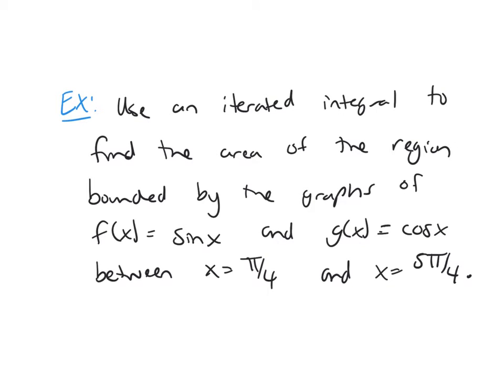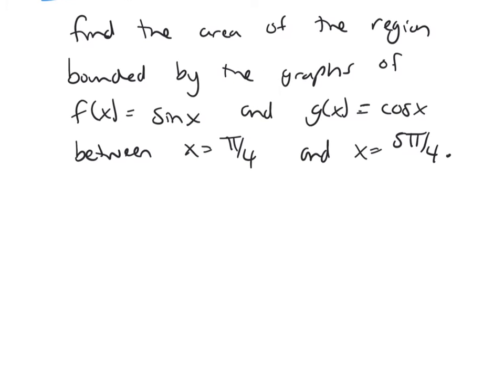Well, really, to set up this integral, we need to have a picture of the region in order to know how to set it up. So the first thing you're going to want to do is graph these functions.